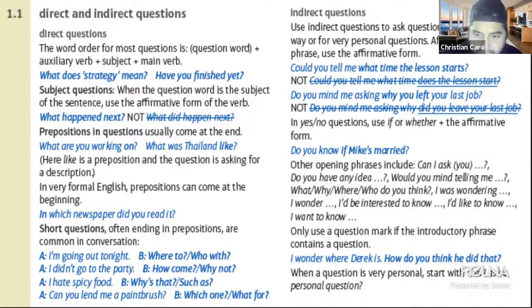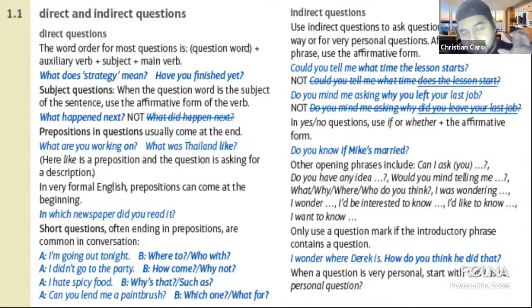And more examples here. I wonder where Derek is. Same thing as the previous slide. Use me pregunto, like in Spanish. ¿Dónde está Derek?